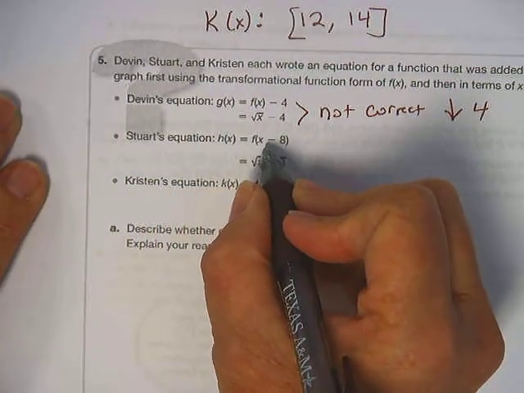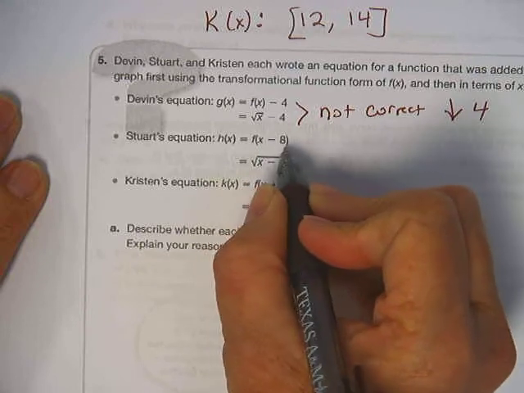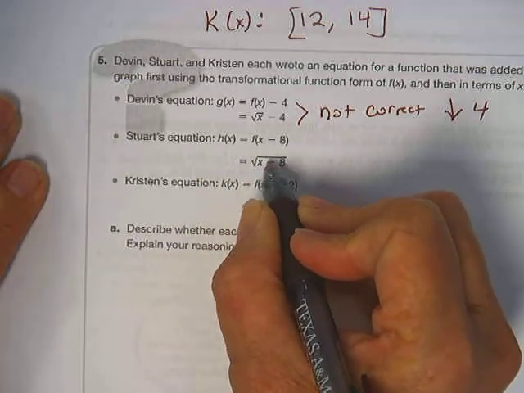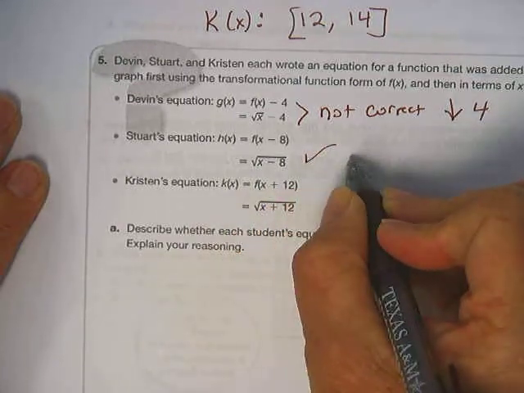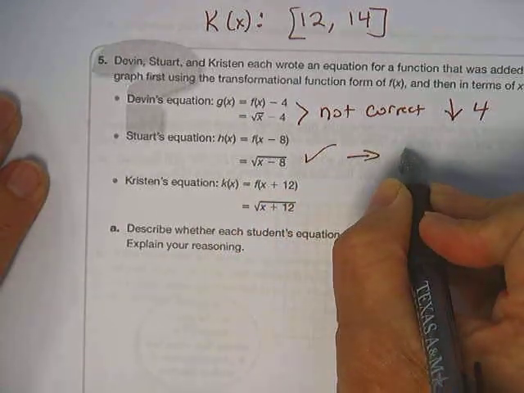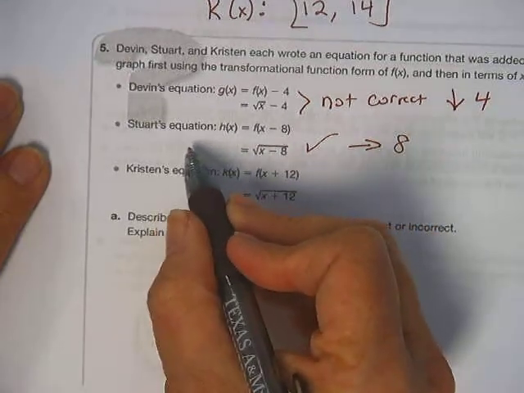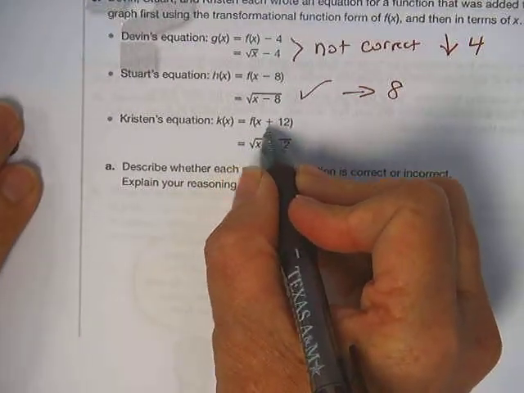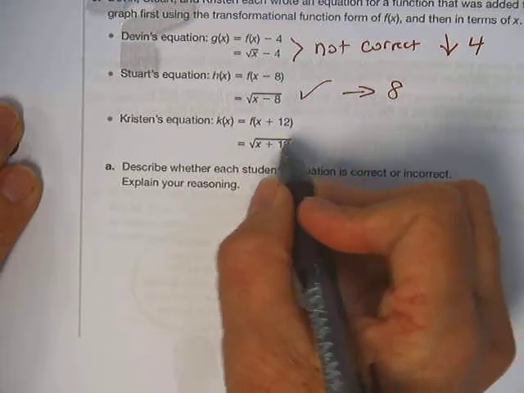Stewart said he subtracted 8 inside the function, so the resulting function in terms of x is the square root of x minus 8. That is correct. That would cause it to move 8 to the right, which is what we have graphed. The final one says for k of x, we added 12.